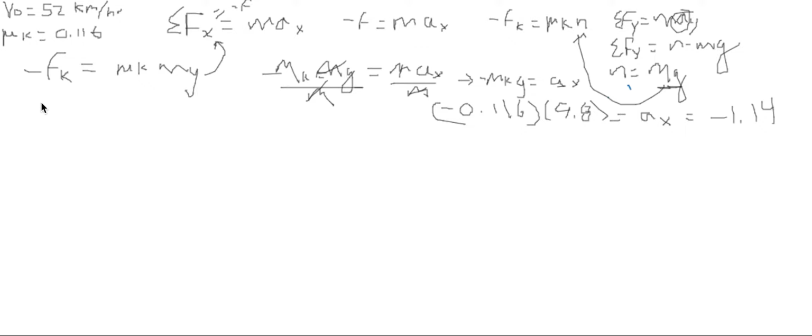So if our V0, its stopping distance, so V0 is 52, oh, we need to switch this to meters per second.